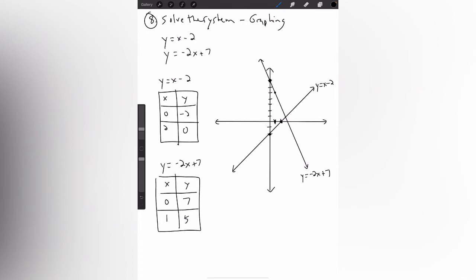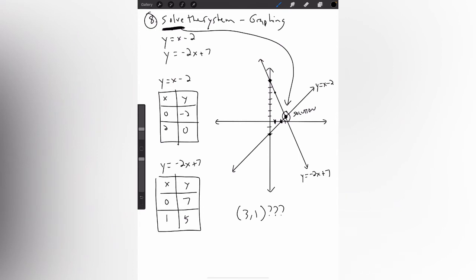Now the solution to this is where these 2 lines meet. Okay, so that is going to be my solution. Okay, so when it says solve the system, what you really want to find is where the 2 lines cross. In this case, it looks like it's at 3, 1, 2, 3, and then up 1. It looks like, so I'm going to write 3, 1, question mark.